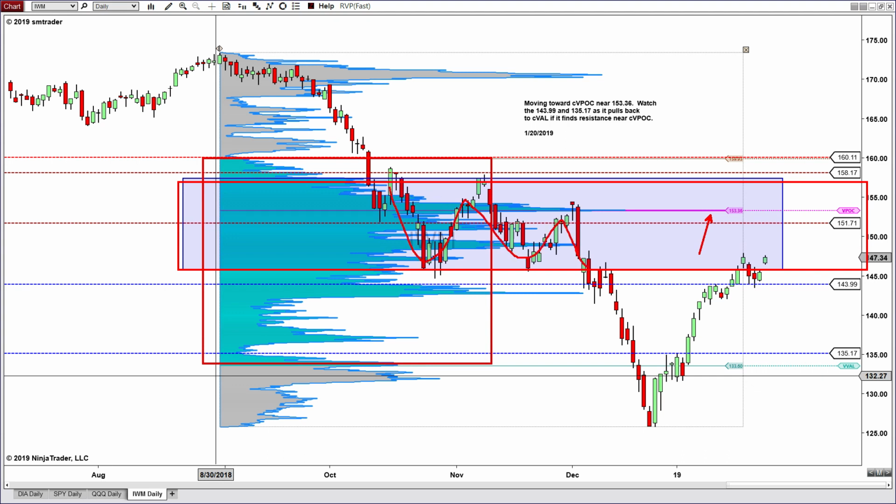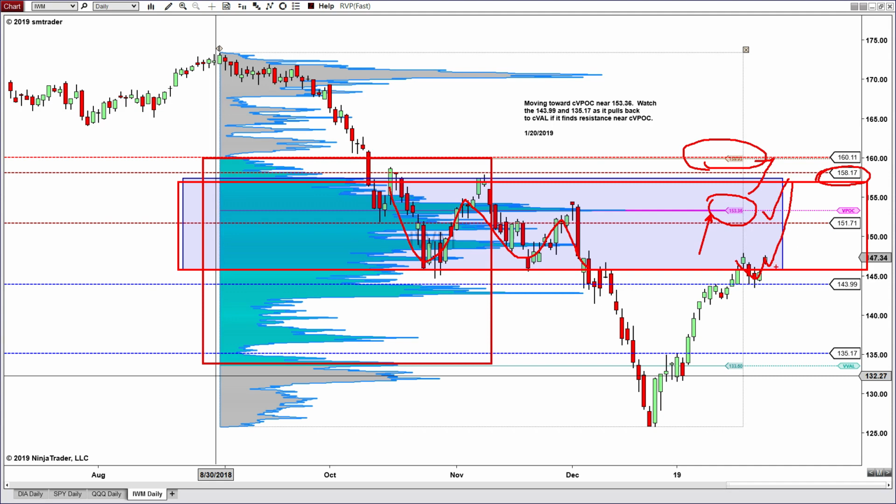Okay, so I'm looking to see if it would be able to push through into this point of control. If it gets above this point of control, then I'm looking for this 158.17 to get tested. That's the potential resistance. And if it could punch through, then eventually we're looking at the value area high.